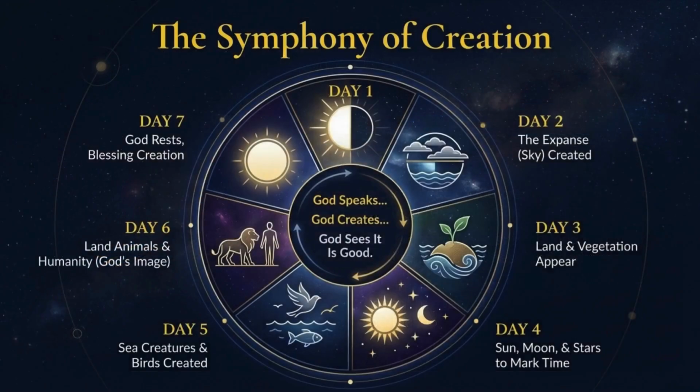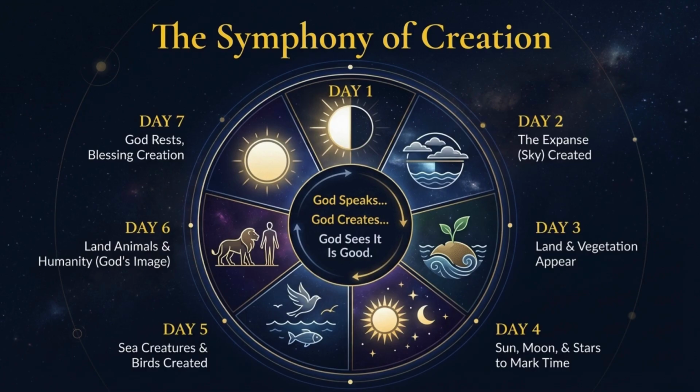Now, let's see how creation happens, step by step. Day 1, light. Day 2, the expanse, sky, created. Day 3, land and vegetation appear.